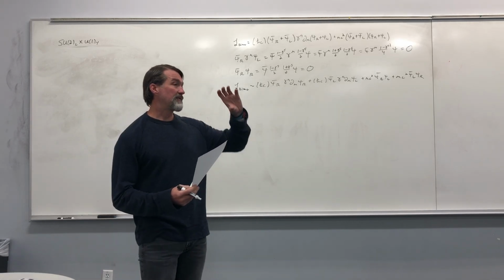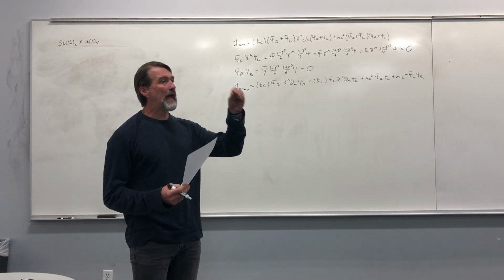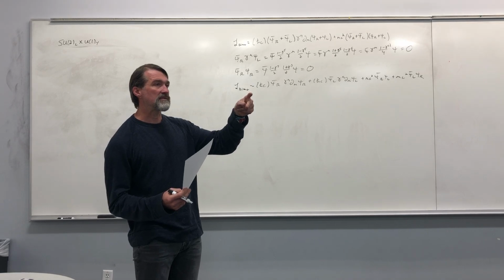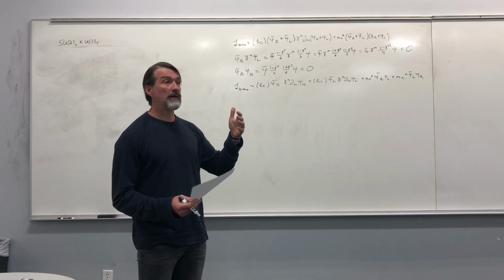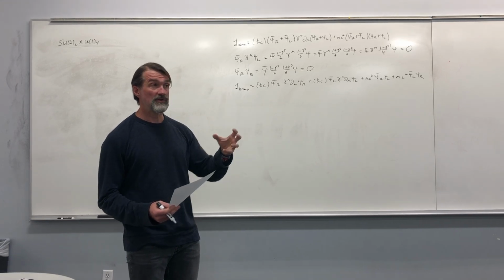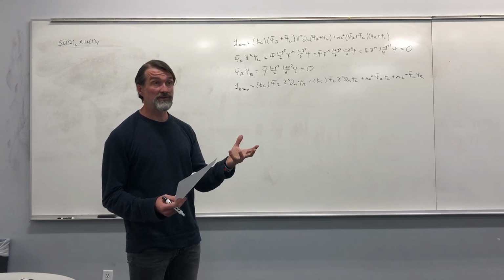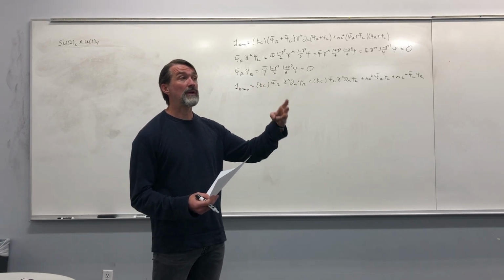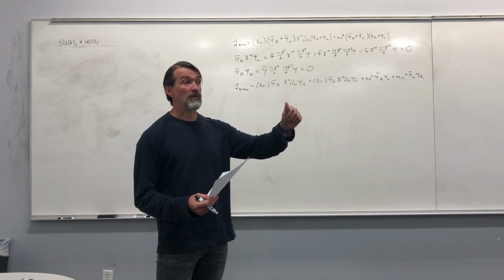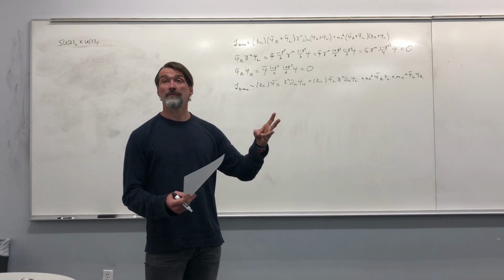So as such, if they're going to act on something, they have to act on something that has 2 components. And it's exactly the same story we encountered with the strong interactions. The SU3s were 3x3 complex matrices, so we had to have it act on things with 3 components. And we introduced red, blue, and green, the 3 colors.